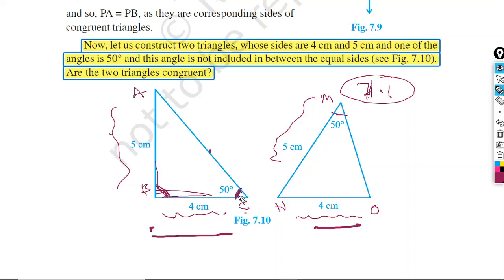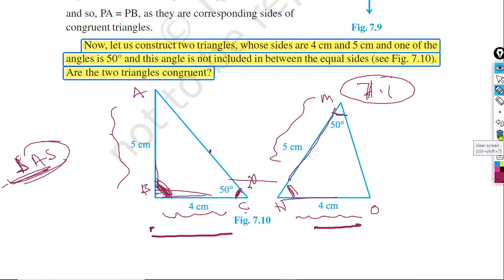Therefore we can't say it is side angle side congruence, because we are not considering an angle included in between the two equal sides. Here you can see also MN and NO, the included angle must be angle N. If angle N is equal to angle B, then only we can say the two triangles are congruent, but here this is not the case.